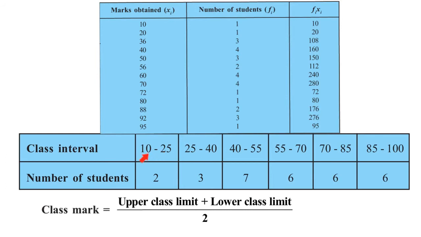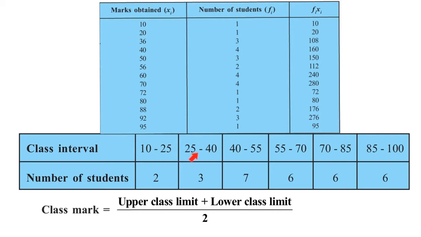The lower class limit is 10 and the upper class limit is 25. So find the average of that. That's going to be 10 plus 25 divided by 2, which is 17.5. So the class mark of this class interval is 17.5.